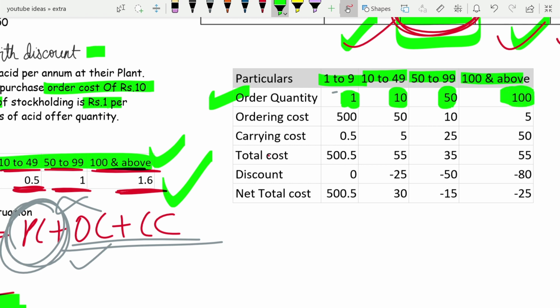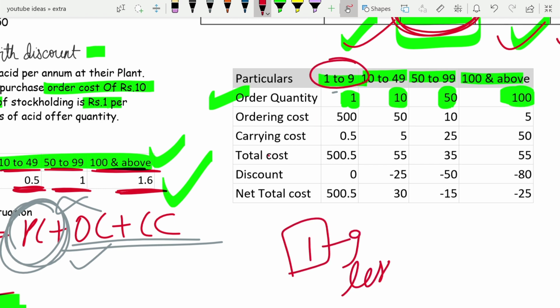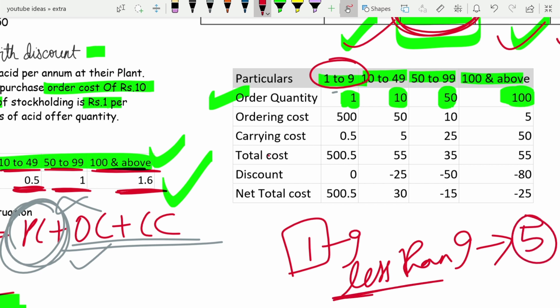If they gave you less than 9, then in such a case you have to take a multiple of 5 or 10. Since they have given you 1 to 9, you take 1. But if they have given you less than 9, you have to take the order quantity as 5. So remember the word less than. When less than comes, you have to take a multiple of 5 or 10.